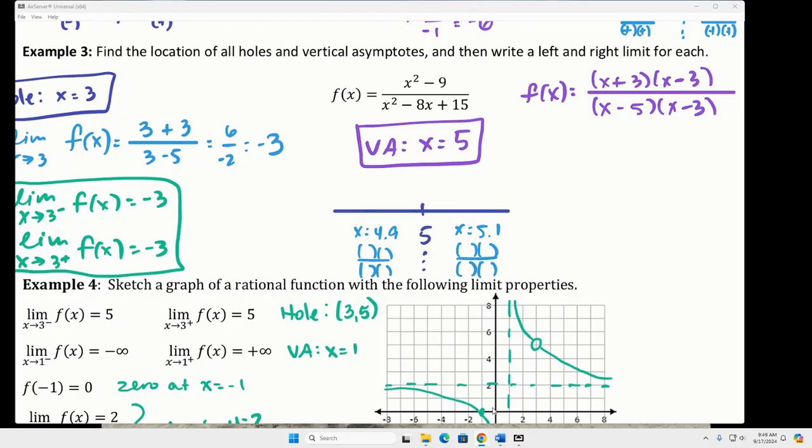Okay, and then it's easiest for me to plug into factored form, so that's what I'm going to do at 4.9. And then that's what I'm going to do at 5.1.